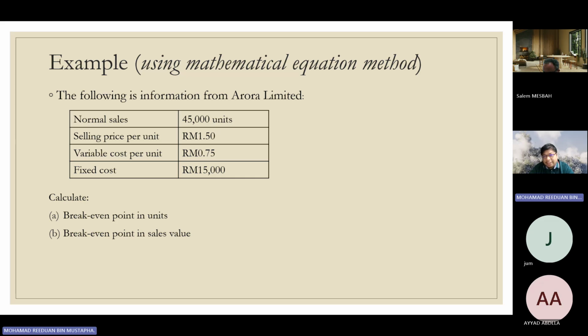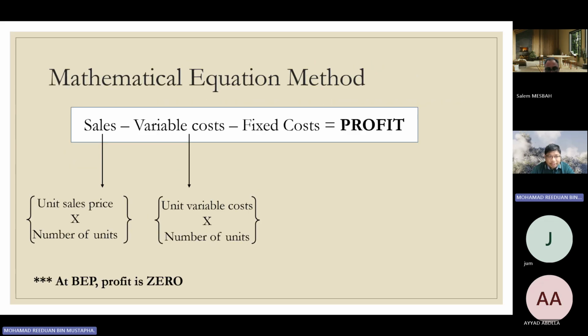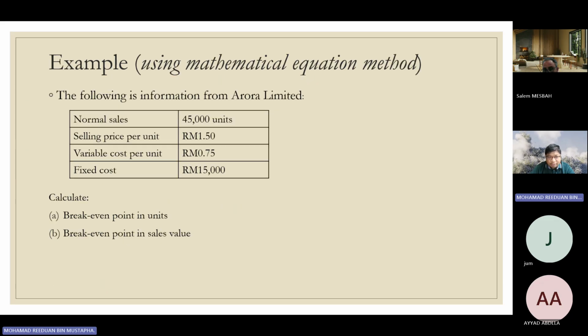The rule is this: sales minus variable cost minus fixed cost equals profit. To get the sales, you need price, then you need units. This is the concept you need to understand, and I just put the formulas.